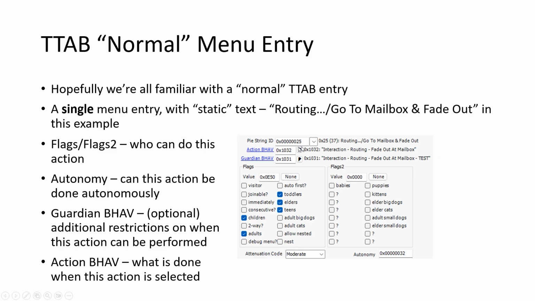And then when all is said and done, it runs off and executes an action. So we have one entry in the menu, does one set of checks to see if the sim can action this, and then the action behav goes off and does what you selected.